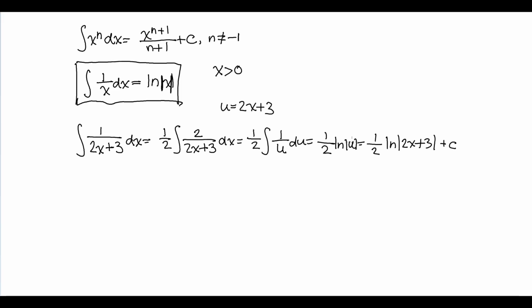Okay, so let's do another one. Let's do the integral of x over x squared plus 1 dx. So now you have x squared plus 1. Let's make this your u, because du is just 2x dx.